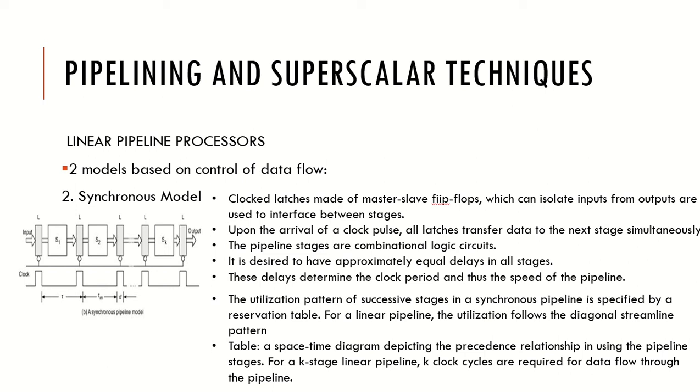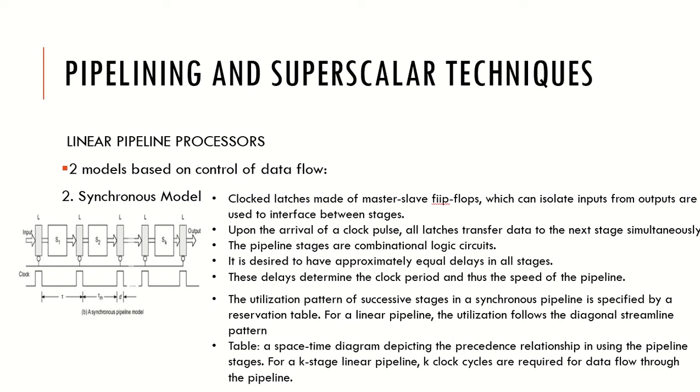For a linear pipeline, the utilization follows a diagonal streamline pattern. I'll show you an example of what the reservation table is and what we mean by a diagonal streamline pattern.